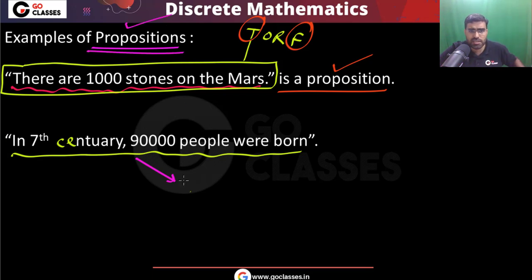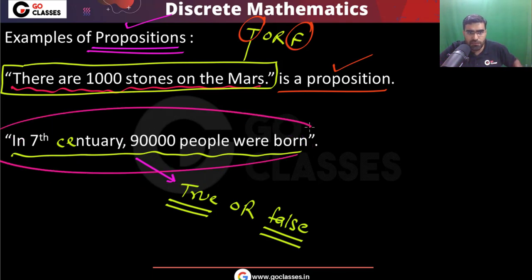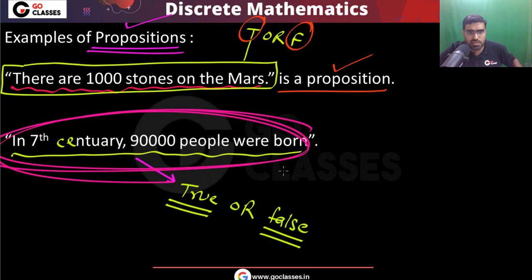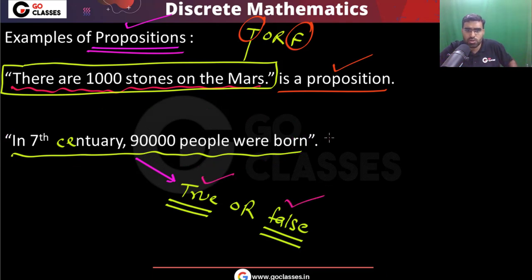And you can notice that this sentence is either true or false, but it cannot be both. If it is true, then it is not false, and if it is false, then it is not true. So whatever you do, this sentence is either true or false. That is the reason this is also a proposition.